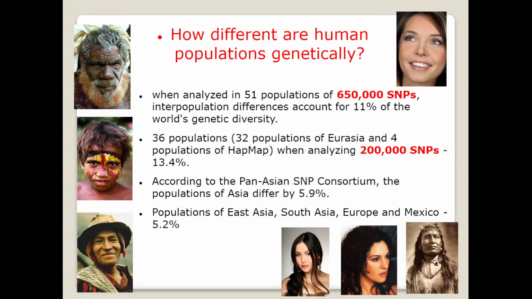If now all people know about 51 populations, this is 51 populations, and the scientific database has information about 650,000 SNPs, which give only 11% differences between populations.